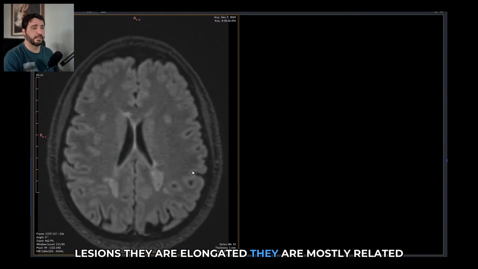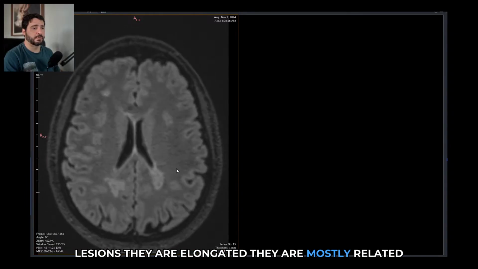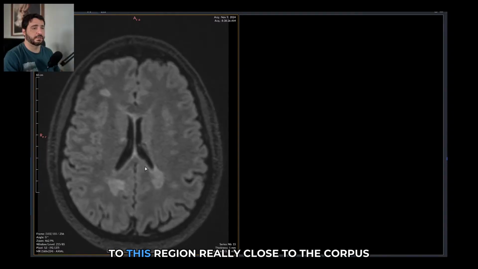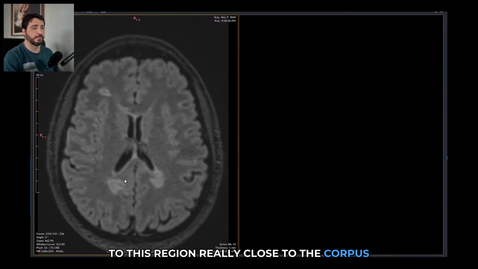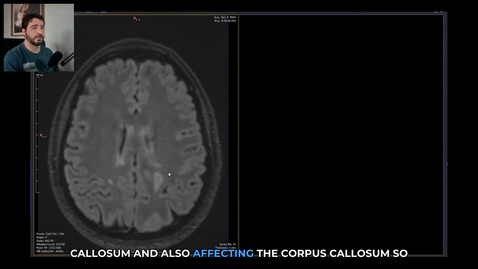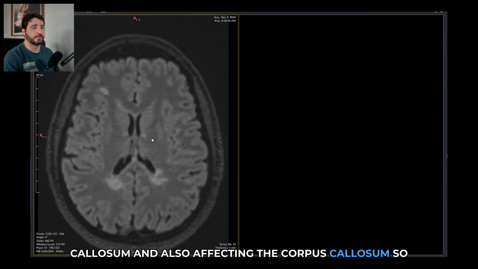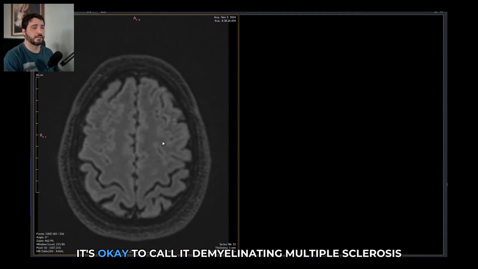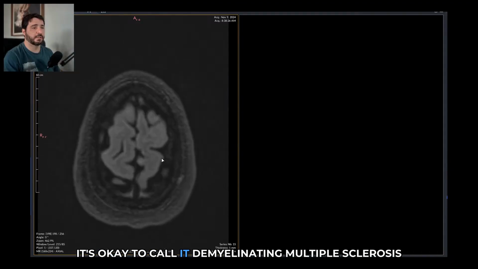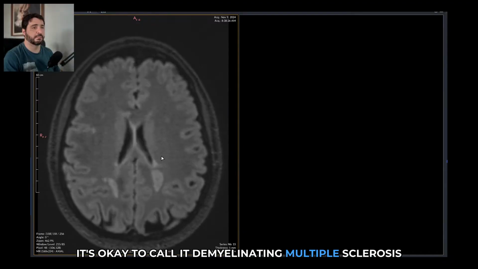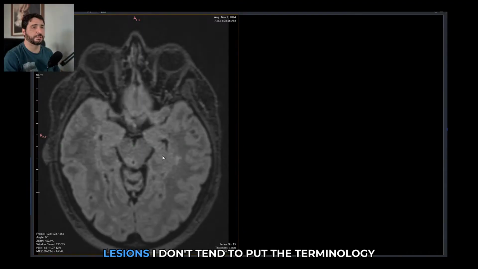They are elongated. They are mostly related to this region, really close to the corpus callosum and also affecting the corpus callosum. So it's okay to call it demyelinating multiple sclerosis lesions.